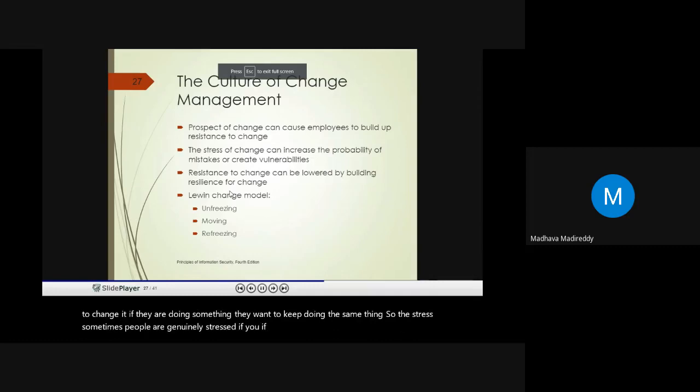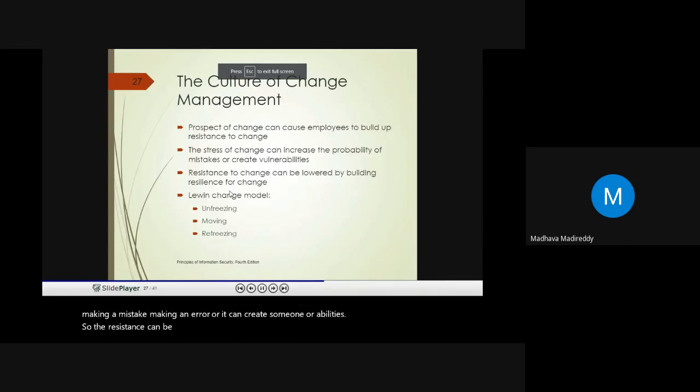Getting into a new work order may create stress, and that can increase the probability of making a mistake or an error, or it can create some vulnerabilities.